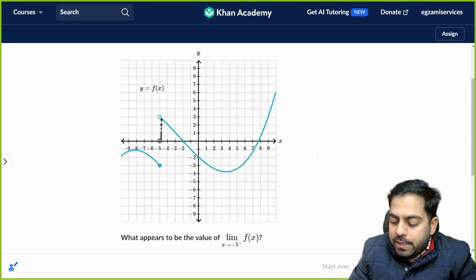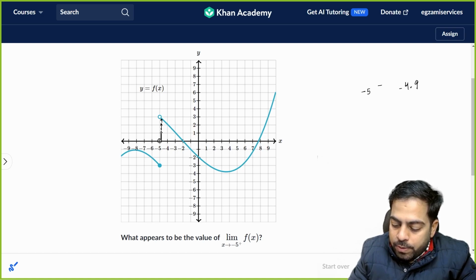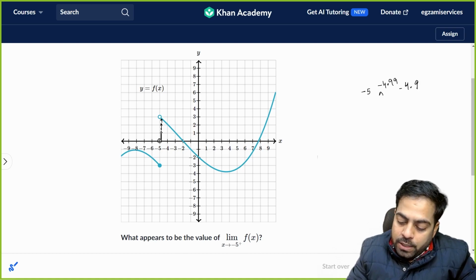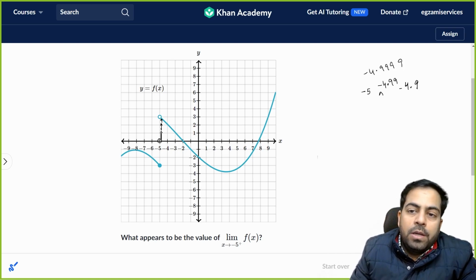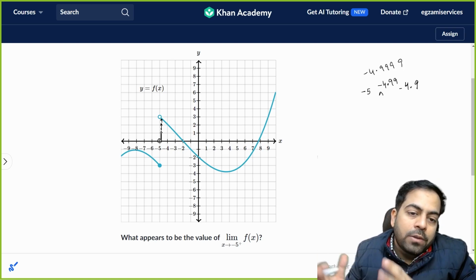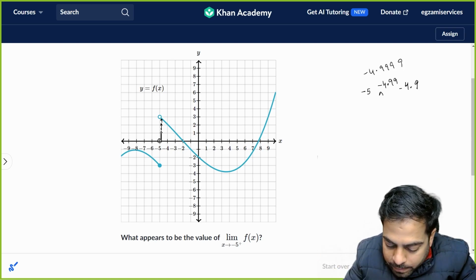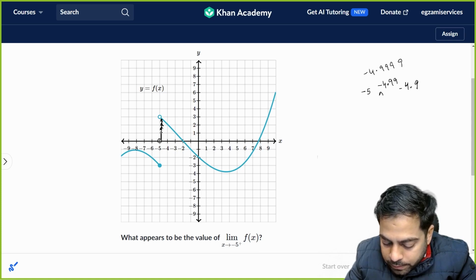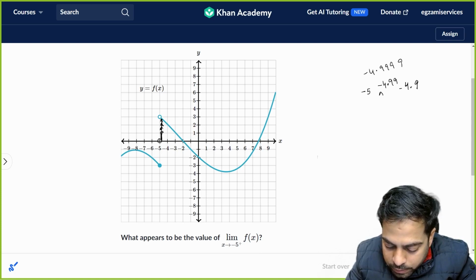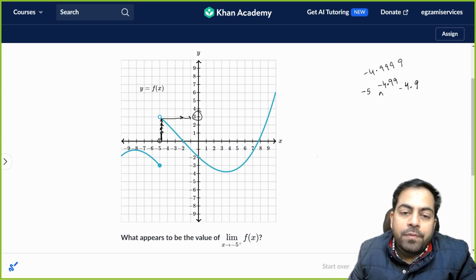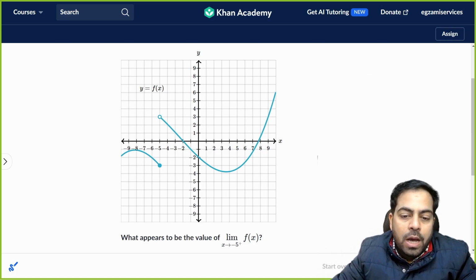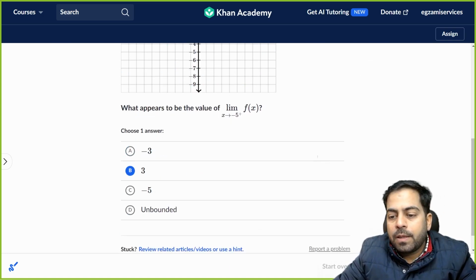If I am close to -5, let's say at -4.9, then you will say -4.99 could also be there. Then I will say -4.9999 can be even closer. So it's just as close as possible. In exact terms, that number is not defined. So if I go closer and closer to -5, I can see that my function is approaching 3. So the RHL is also 3.